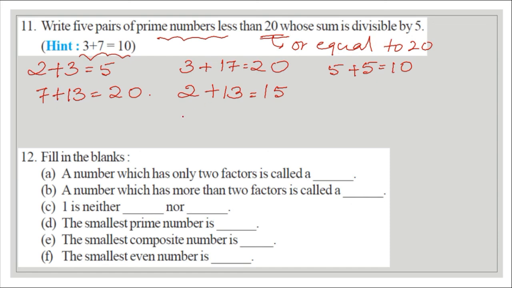Let us take up the last question of the exercise. Fill in the blanks. First one is a number which has only 2 factors. They are called prime numbers. A number which has more than 2 factors, they are composite numbers.